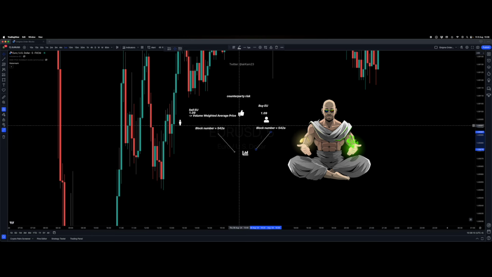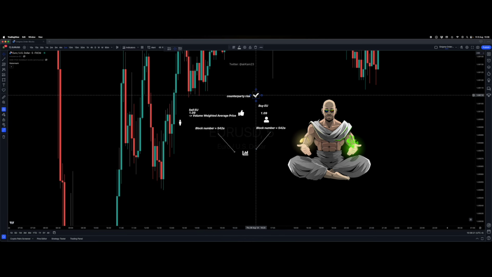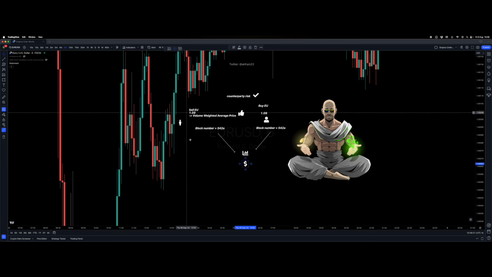So it's highly unlikely that the exchange is going to go down. They've reduced counterparty risk. They haven't eliminated it, but they've taken it into account because now, instead of a company being the counterparty, it's the exchange, and the exchange has a lot more money and a lot more backing and a lot more liquidity, so they are seen to be safer. So this is how it actually works.